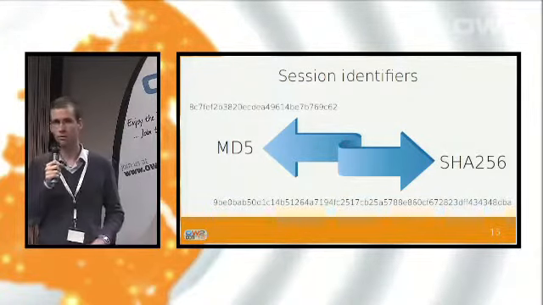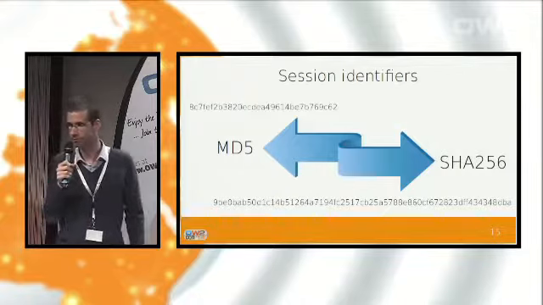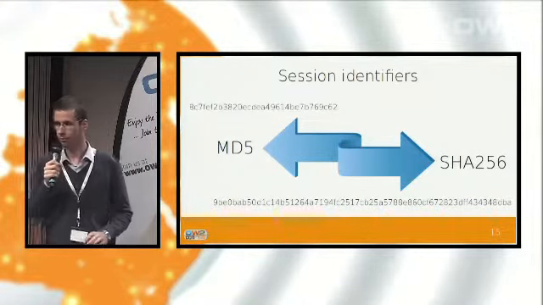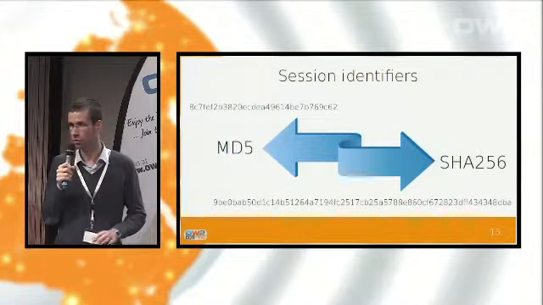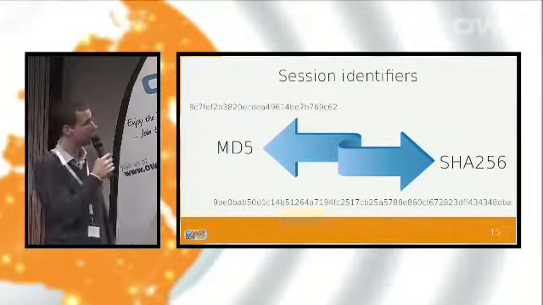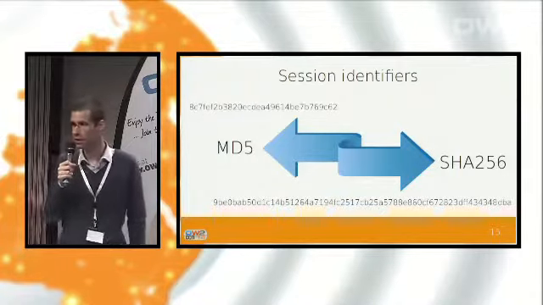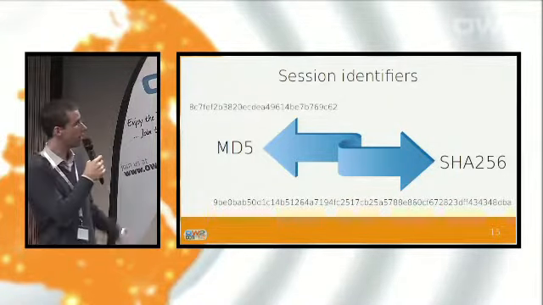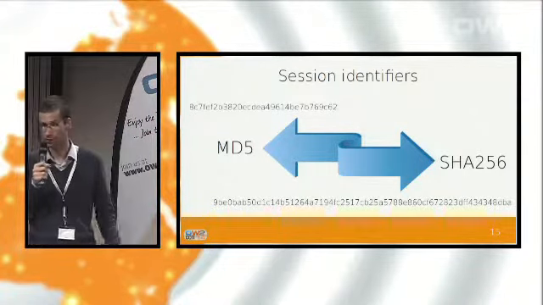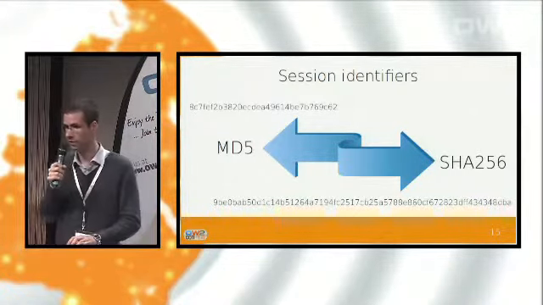For example, you can have rainbow table attacks. And the second one is that you can also make hash collision attacks. So now we can use SHA 256-bit hashes, and as you can see, it's 2 times longer than MD5. So it's considered as secure today.